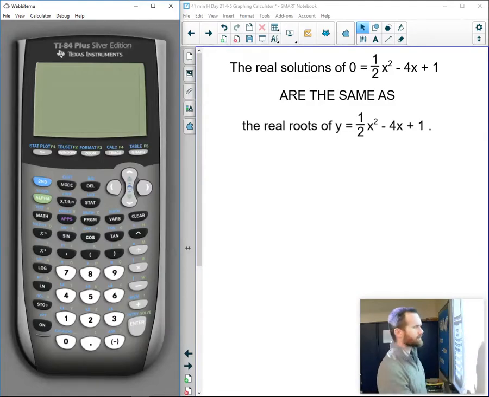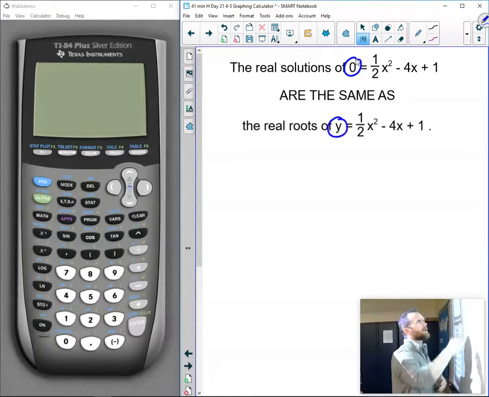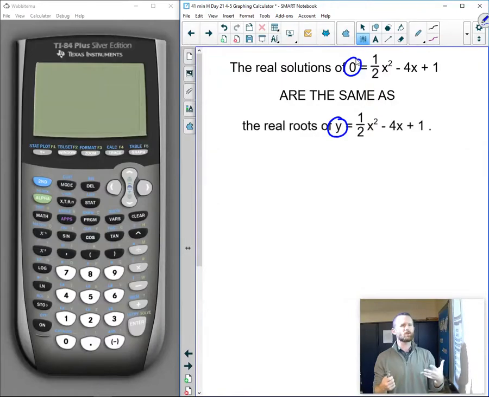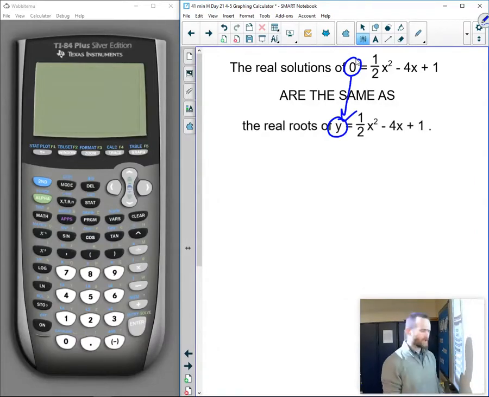There are only two changes from the first half to the second half. The first is that it went from 0 equals to y equals. So this whole time we've been solving quadratic equations, most of the time we want to get 0. We want to get it in standard form so that everything's on one side of the equation and we have 0 equals that. But here, we're turning that 0 equals into y equals.